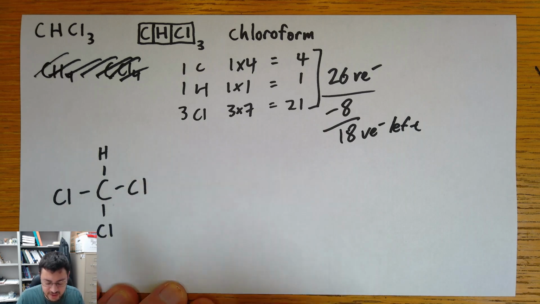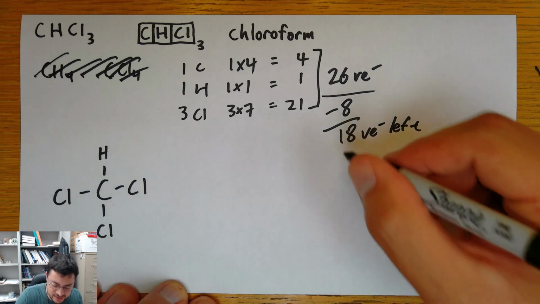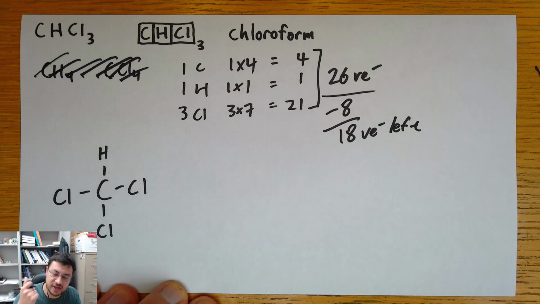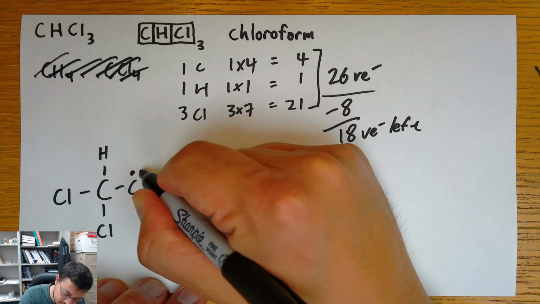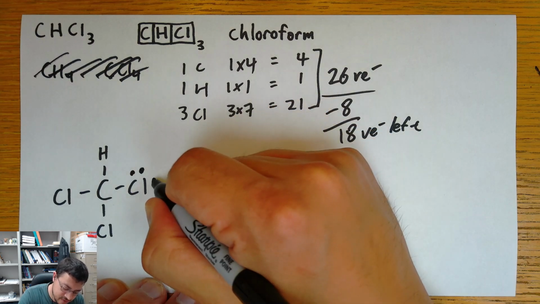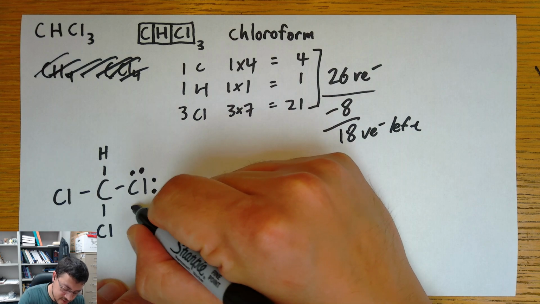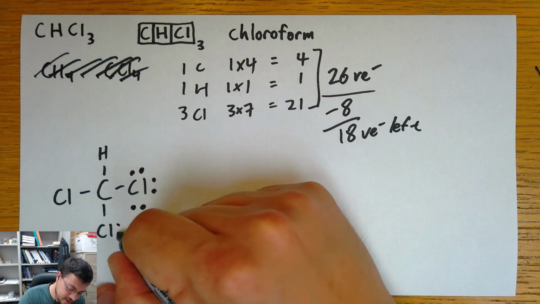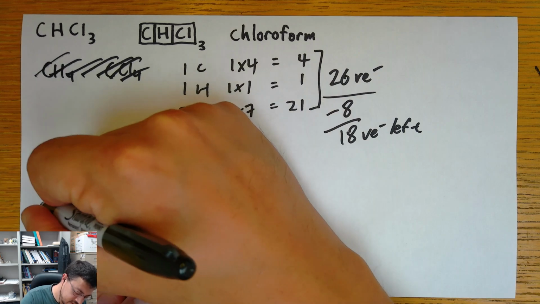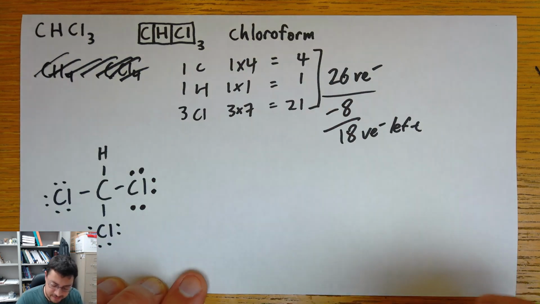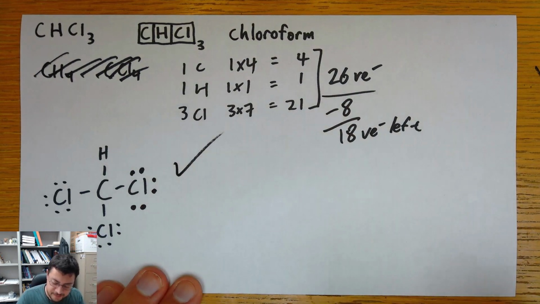We have 3 chlorines. 3 times 6 is 18. We can see we're going to spend all 18 just like that. All right, if you don't math so fast in your head, that's okay. Just pair them out. First pair, there's 2, 4 electrons, 6 electrons, 8, 10, 12, 14, 16, 18. Done.